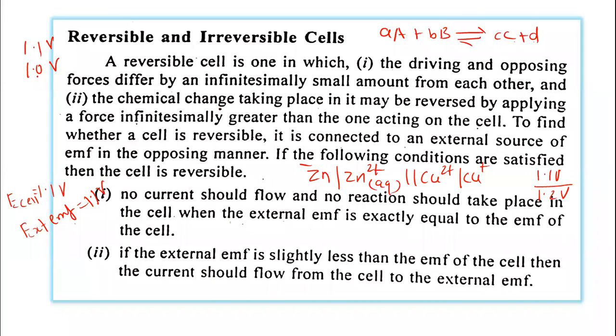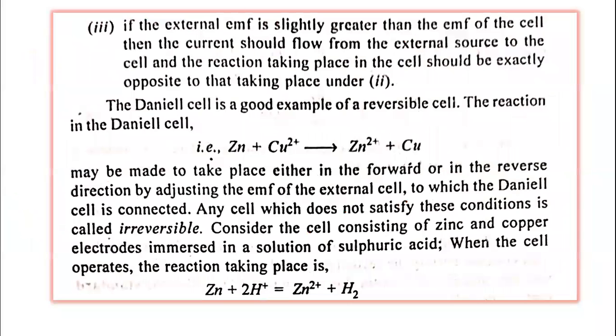External is less. If the external EMF is slightly less than the EMF of the cell, then the current should flow from the cell to the external source, from LHS to RHS. This is the second condition.